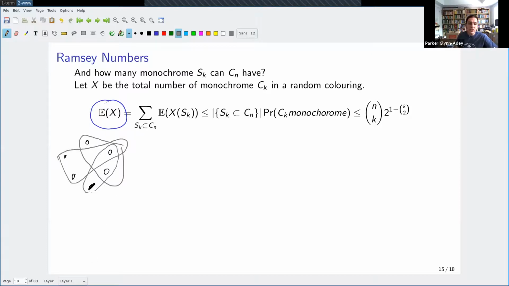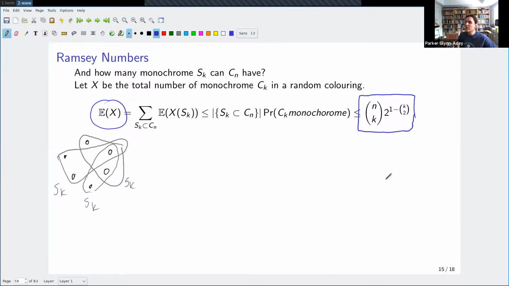And what we do is we just add up each one. So this will be like one S_K, another S_K, another S_K. So we just look at each of those subparts. And what we wind up with is an estimate. We wind up estimating this thing.